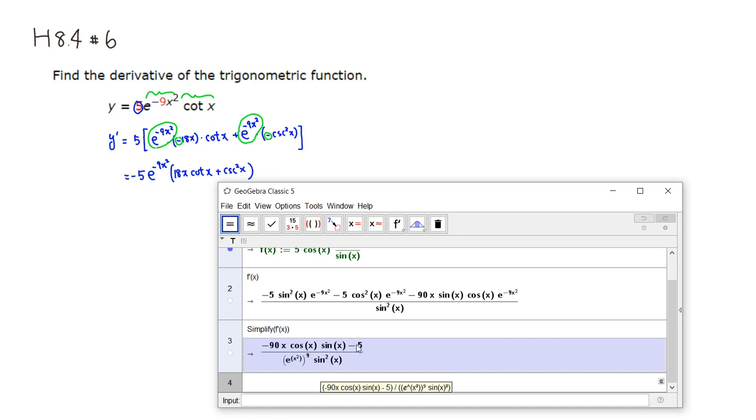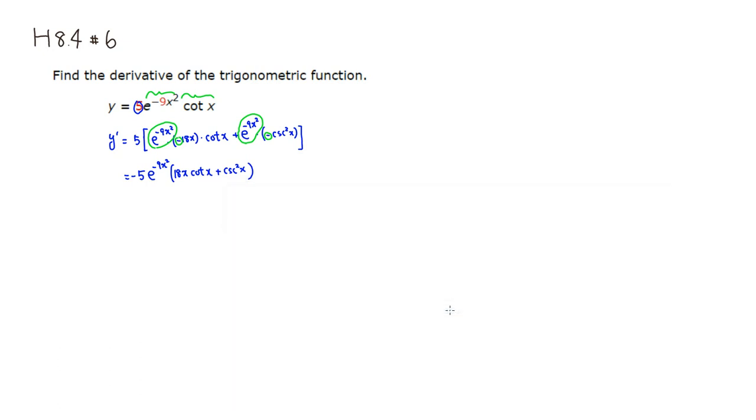Multiply right here. You have a 5, so negative 5, 1 over sine squared, so that's cosecant squared of x. So I would say this is equivalent, but it's kind of hard to tell. But believe me, this is the correct answer. All right, that's it. I hope that this was clear.